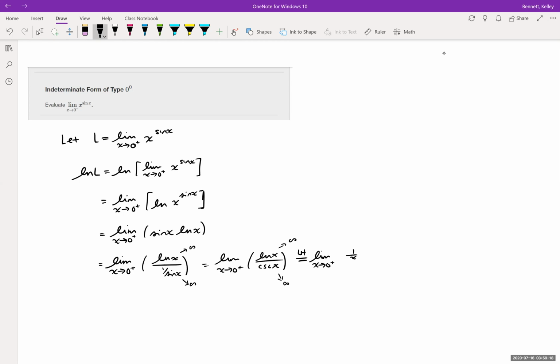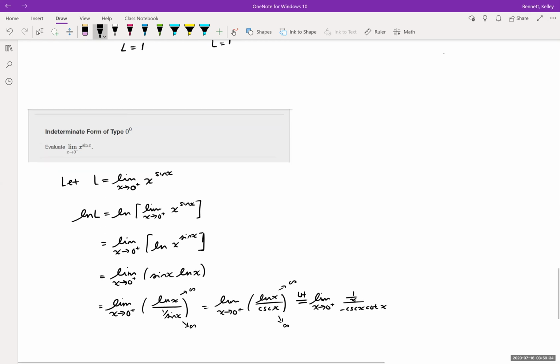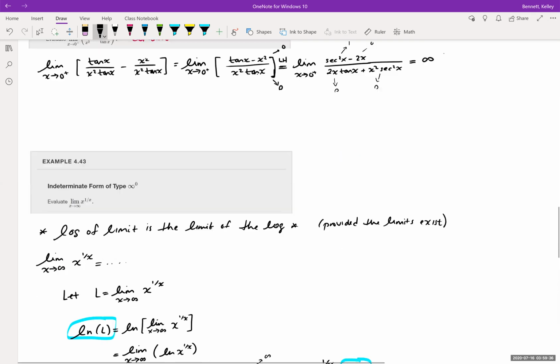So I get 1 over x over, the derivative of cosecant is negative cosecant cotangent. So this is infinity over infinity, and we're kind of back to that same place that we were before. Let me see if I can scroll up for a second.